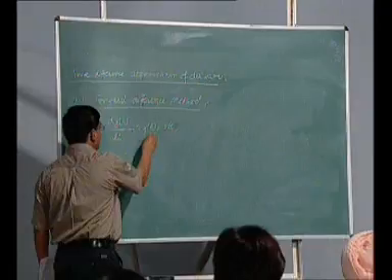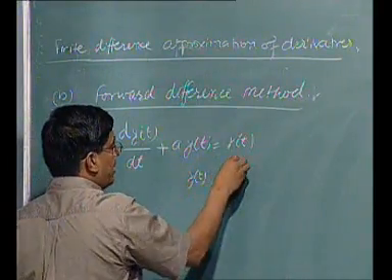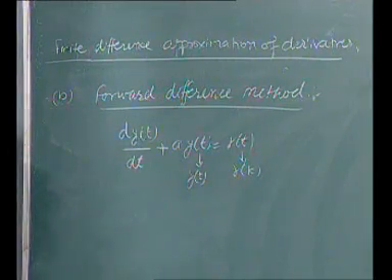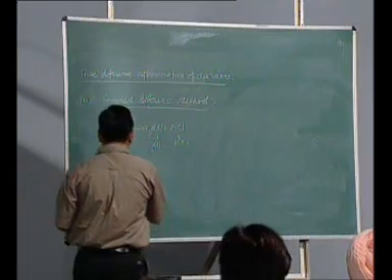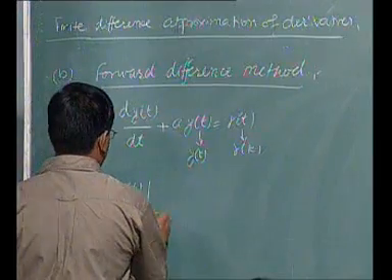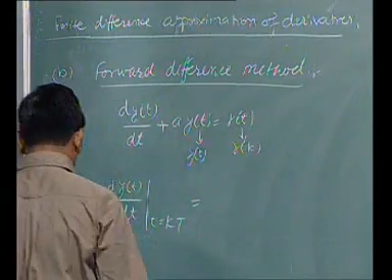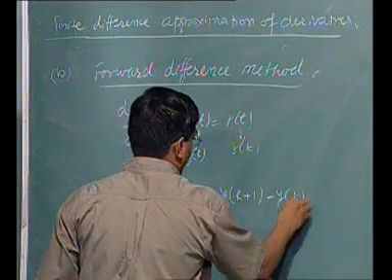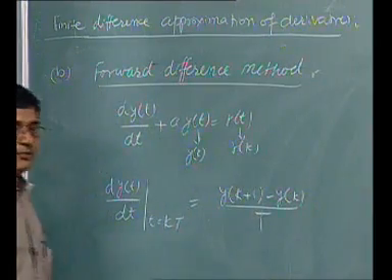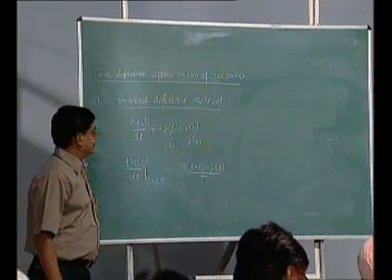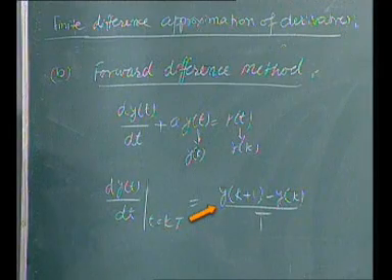Now y(t) will be replaced by y(k), r(t) by r(k), and the derivative according to this method, dy(t)/dt equals, it will be (y(k plus 1) minus y(k)) upon T. This is the rule, the forward difference method rule, (y(k plus 1) minus y(k)) upon T.